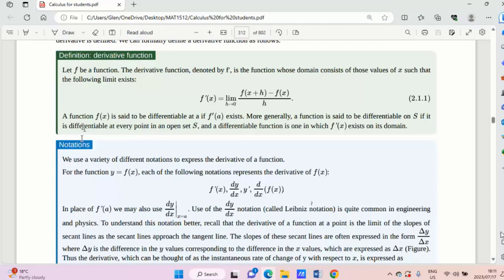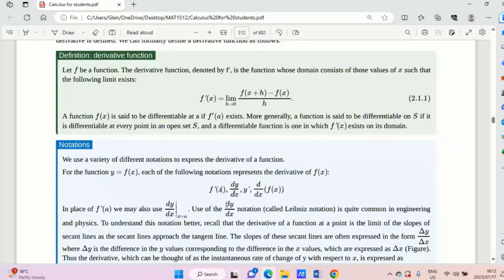In applied maths, this definition, you see this one that I've highlighted, dy dx. The first one is f prime of x, dy dx. This one is mainly what we use in applied maths.